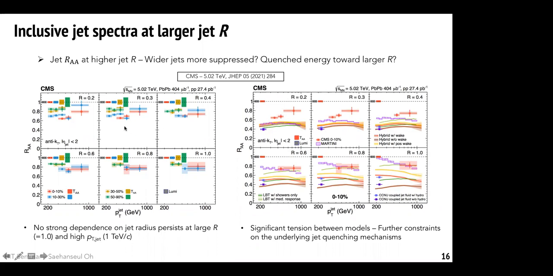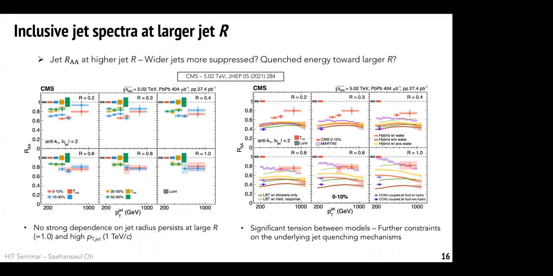The different colors represent different centralities. On the right plot, it's only 0 to 10% centrality, but model calculations are shown. You can see significant tension between models, and these results can work as further constraints on the underlying jet quenching mechanisms.